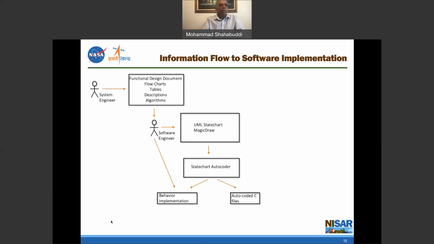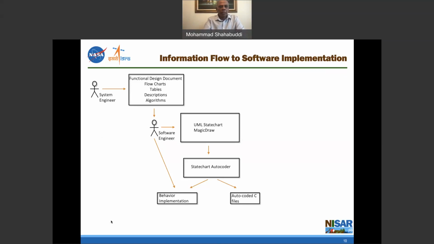So here it describes a little bit, at a broad level, the information flow coming from system engineers to the software engineers to the implementation. System engineers provide the description of the system or the behavior of the system in terms of flowcharts, tables, descriptions in Word documents, algorithms.